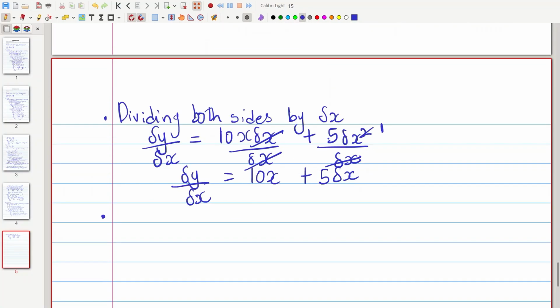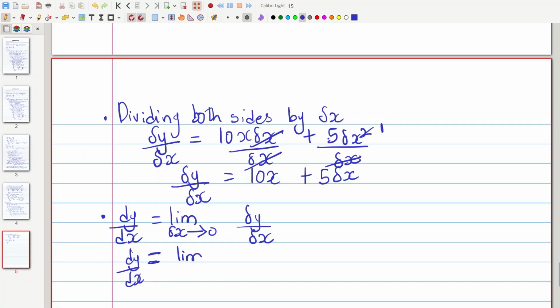Then the formula, which is dy dx is equals to limit delta x to 0. So this will be dy dx equals to limit 10x plus 5 times 0.